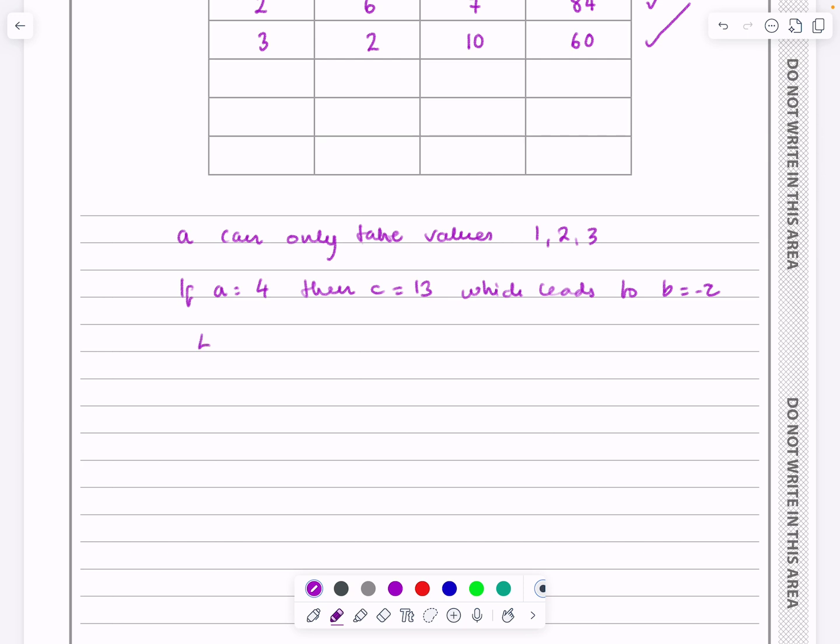So 40, 84, and 60 are all multiples of 4. So I've proved that by exhaustion.